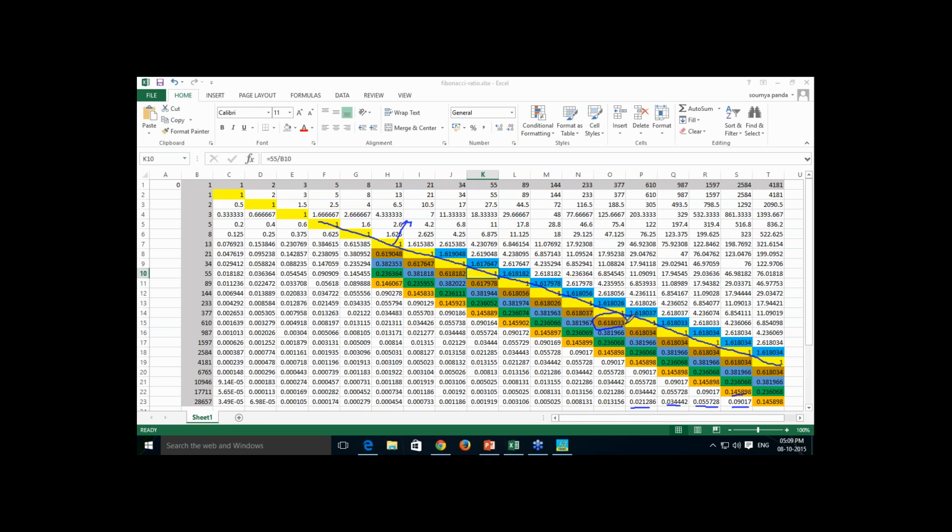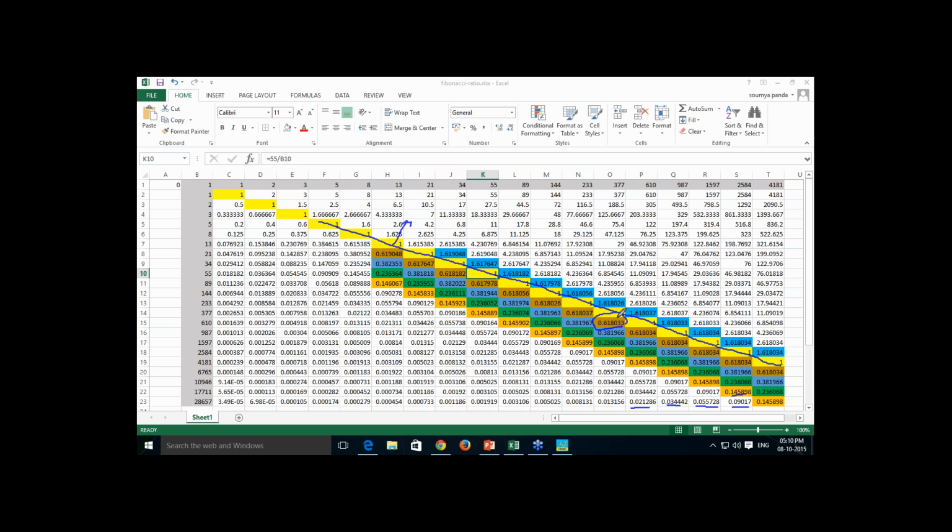This ratio is known as your golden ratio or divine ratio. In many books you can see that 0.618 is a divine ratio, golden ratio.